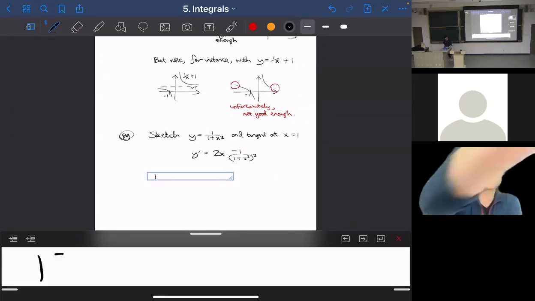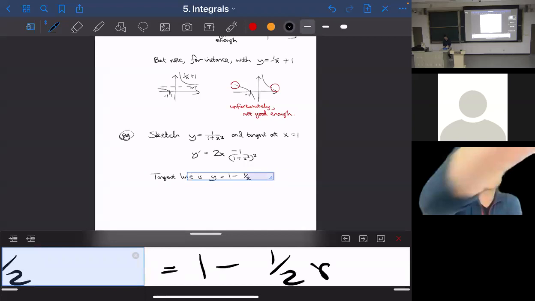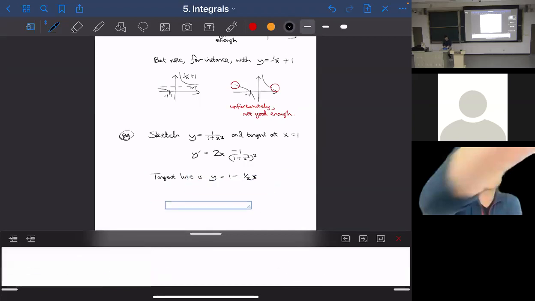So using that, we get that the tangent line is y equals x. Okay, so we can sketch that.